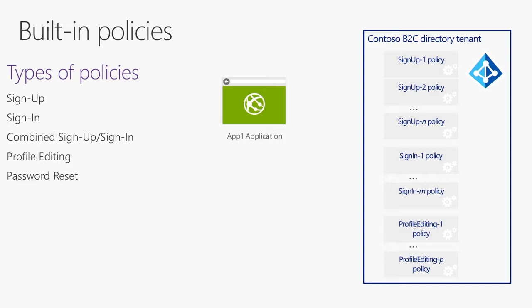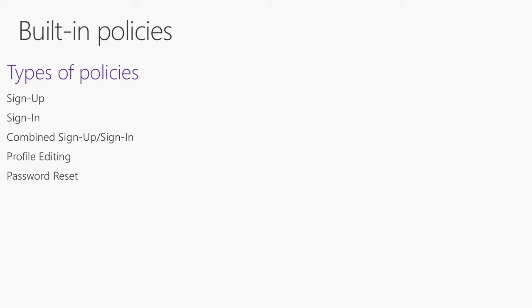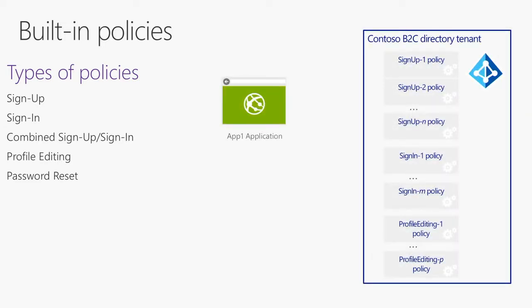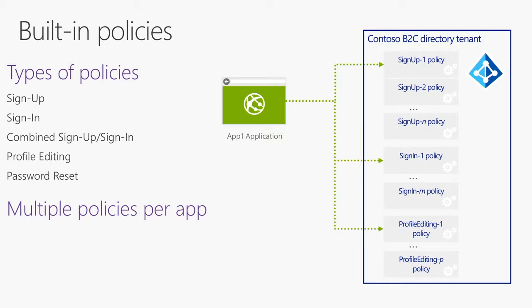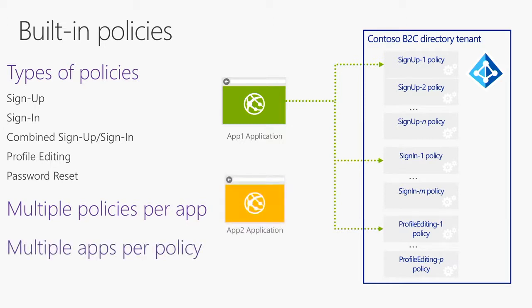Imagine a B2C directory with a bunch of policies: a sign-up experience, a sign-in experience, a profile edit experience. And then imagine an application that you link so that it calls any one of the policies. You're not defined and limited by one experience that you've hard-coded into your app.